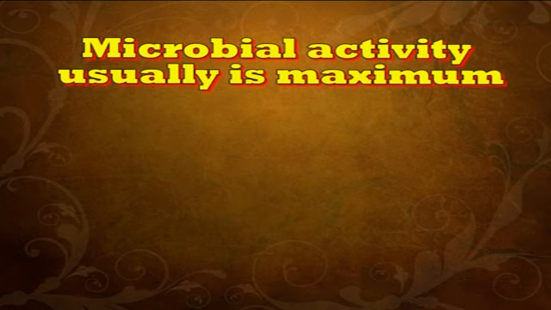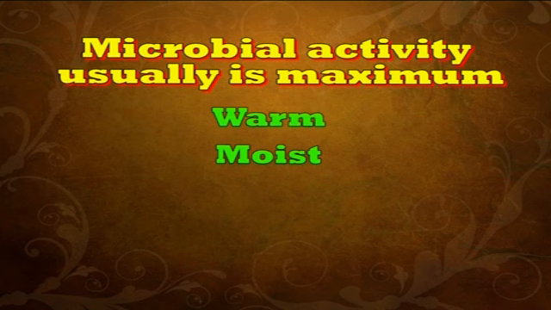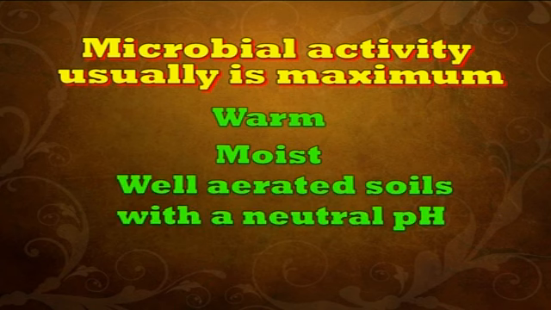Microbial activity usually is maximum in warm, moist, well aerated soil with a neutral pH. Microbial breakdown tends to increase when temperatures and soil pH are favorable, soil moisture and oxygen are adequate, and soil fertility is good.